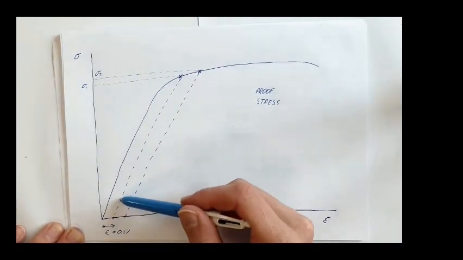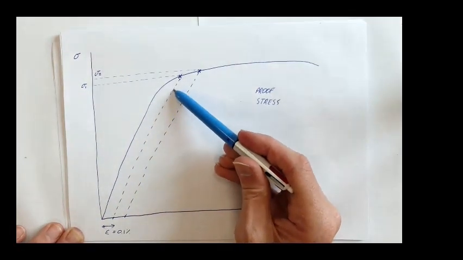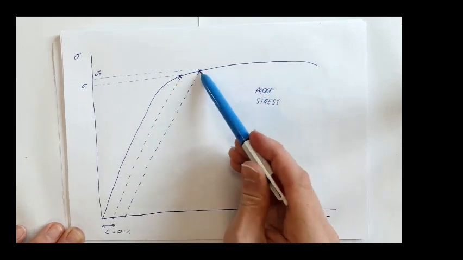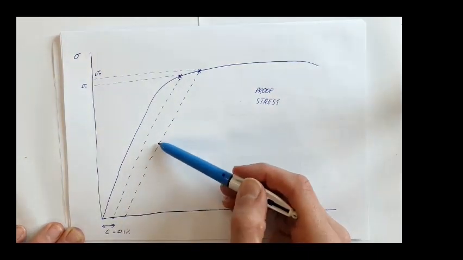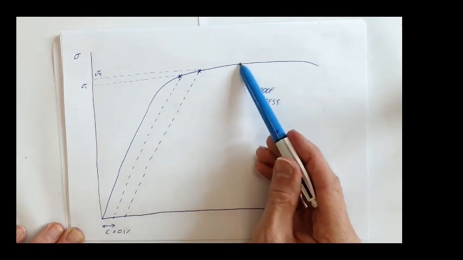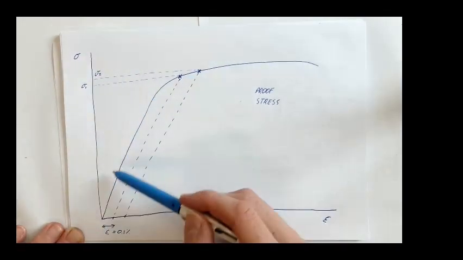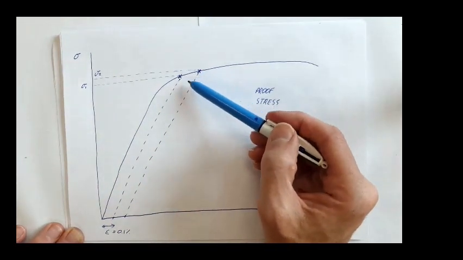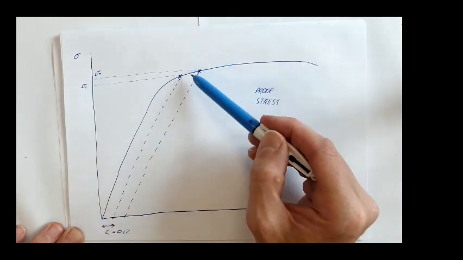So we're seeing this elastic region, a higher stress before we start to see this plastic region. And then we unload, and again we see this elastic region. Again, the stress is even higher before we start to see this plastic region. And what we're seeing there is something called work hardening. By applying some work, we're raising the point at which we change from a linear region to a non-linear region.